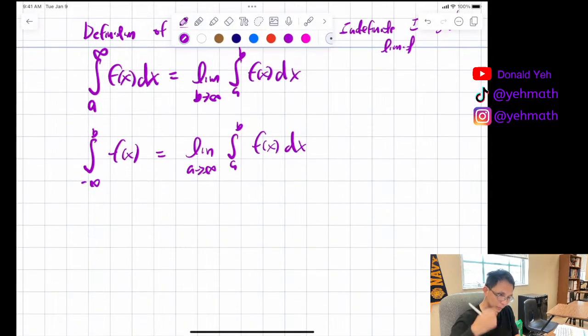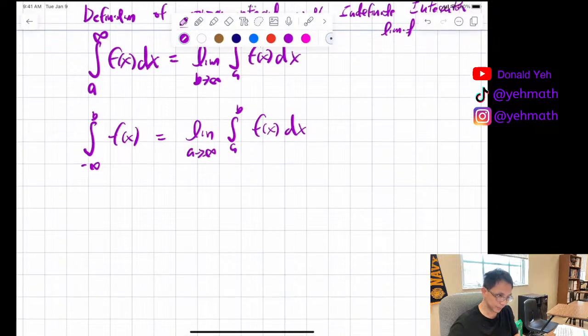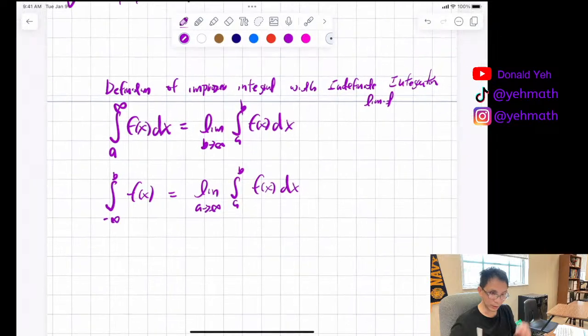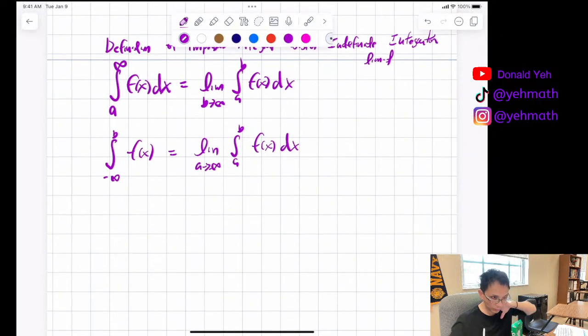You can have the left side to the thing. Which one is this called? This is also improper integral. All those are improper integrals, with infinite integral limits.